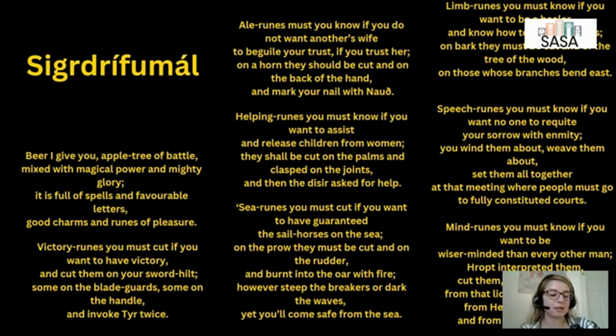So Dísir, these female ancestors, they were conflated with the entities of fate, the Nornir, in other sources such as Fáfnismál. So it's generally speaking, a very long series of stanzas where Sigrdrífa explains how to write spells and what kind of spells.